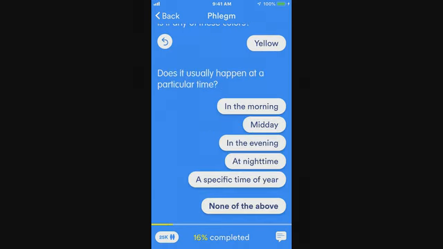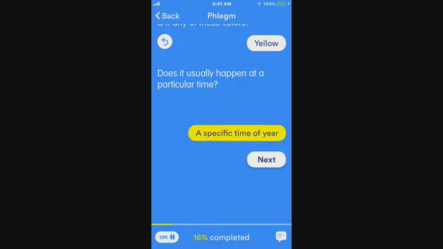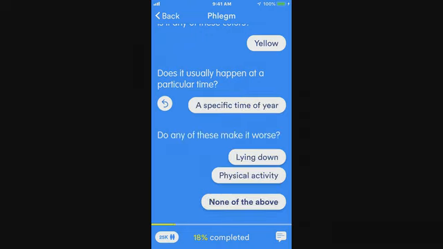Does it happen in the morning, midday, evening, nighttime, or a specific time of year? Specific time of year. And does lying down or physical activity make it worse? Physical activity is generally not good, so that's physical activity.